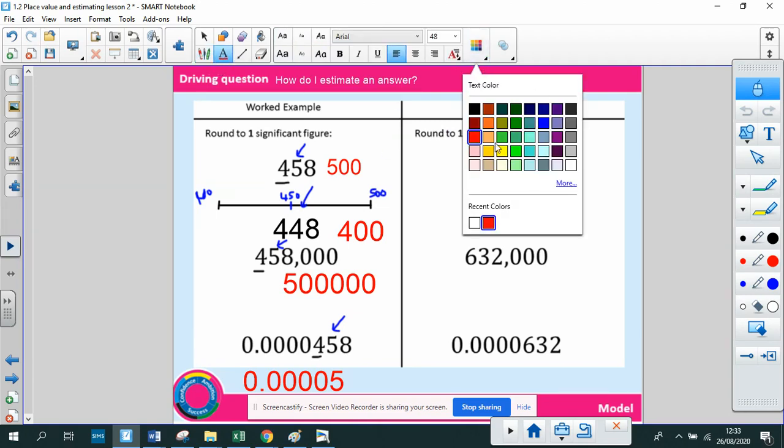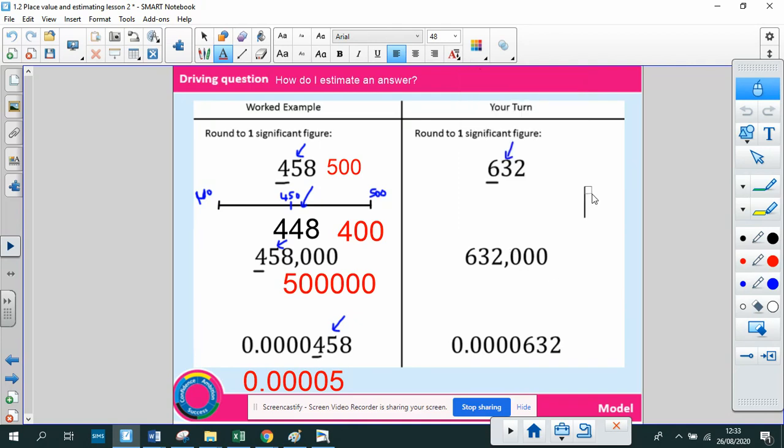Therefore we round to 600. The next question, this is the most significant figure. This is the deciding number that decides whether that goes up to 7 or stays a 6. So we round that to 600,000.